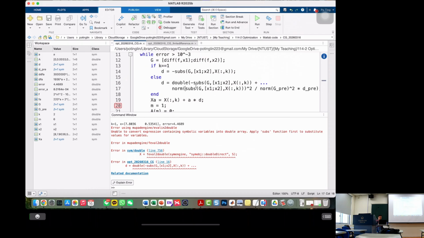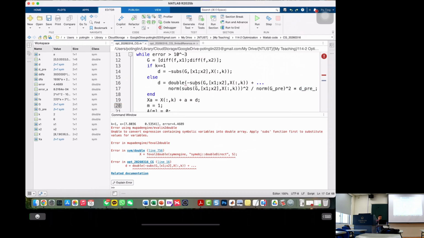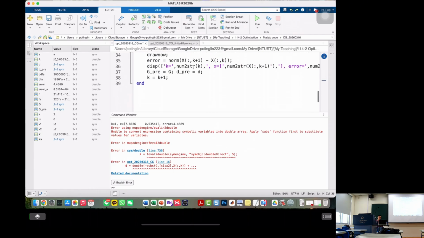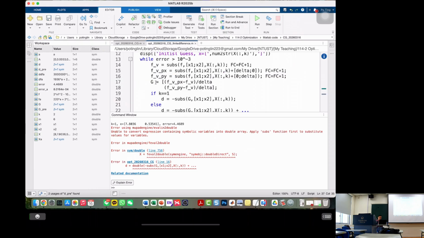I know what's wrong. When I keep the short-term memory of the previous g, I memorize the symbolic g. I should memorize the g with substitution, plugging in. So I should memorize this one, not the symbolic g. So I should do the same on the other code as well.